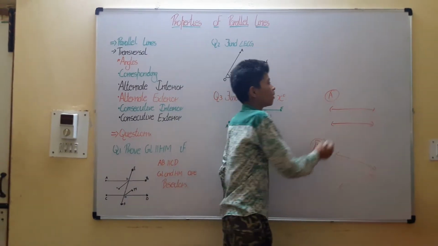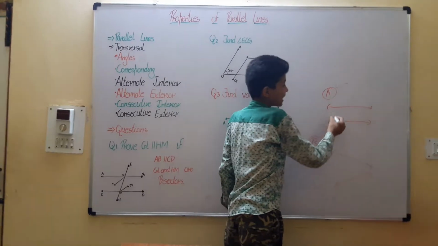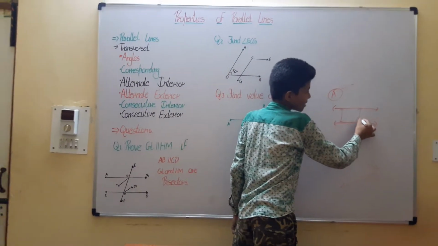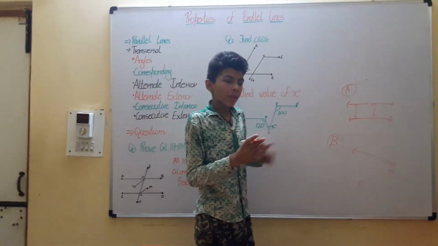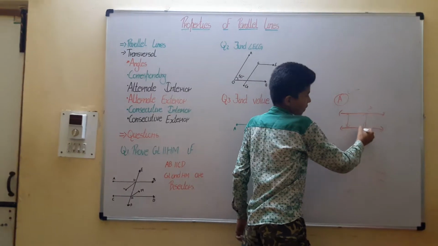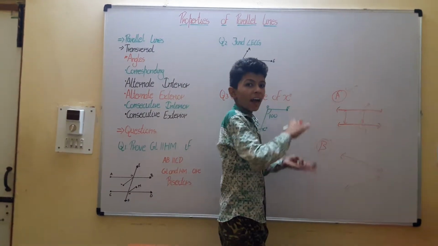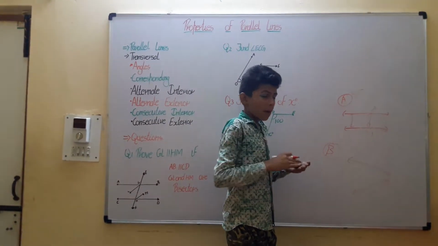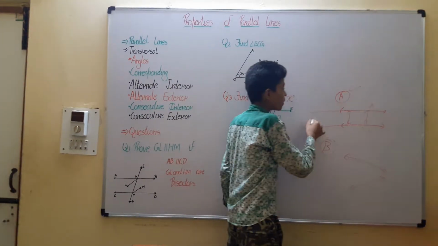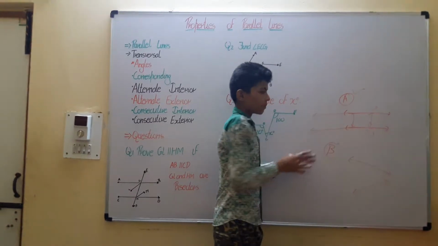We know that A is parallel lines because they are equidistant from each other. By equidistant we mean that they have equal distance from each other, and they do not intersect however much I extend them.